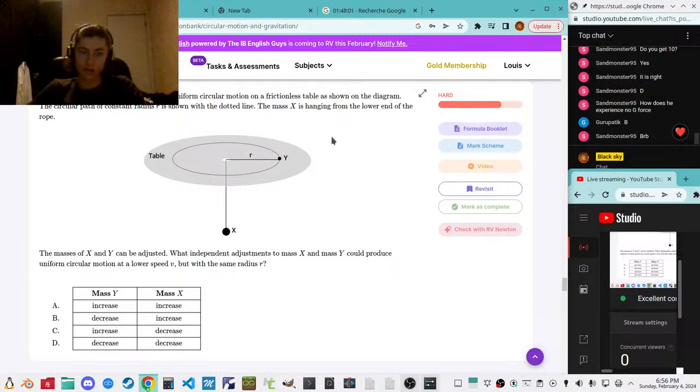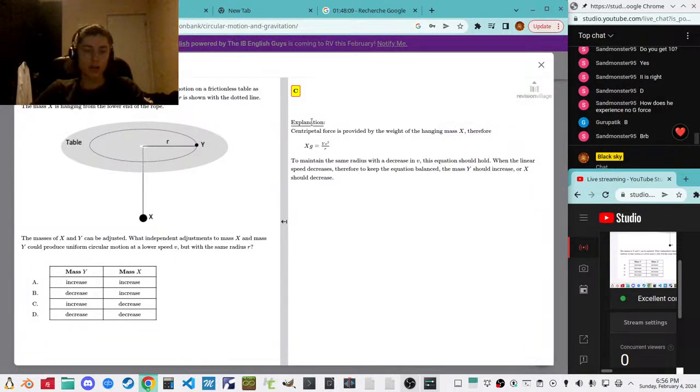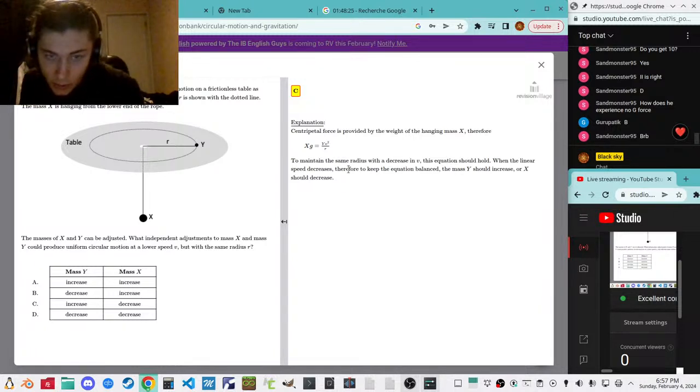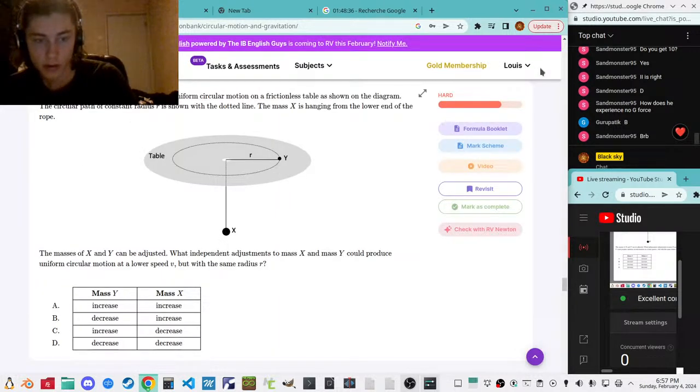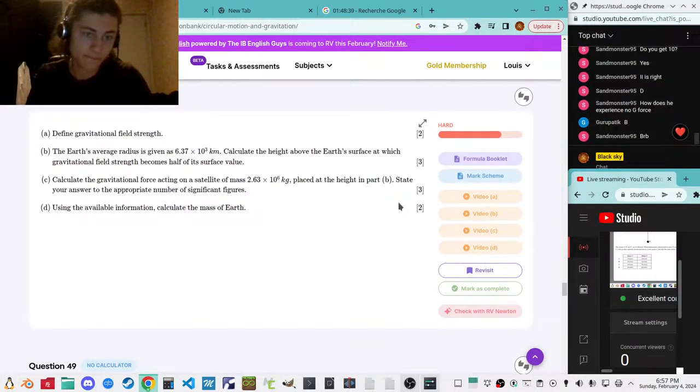No, decrease. Well, it's either D or A. So D. Here we go again. Centripetal force is provided by the weight of the hanging mass, so for X equals Y v squared over r. Yeah, to maintain the same radius with a decrease. Oh, you need to maintain the same radius. Okay, I will take that and go to the next one.